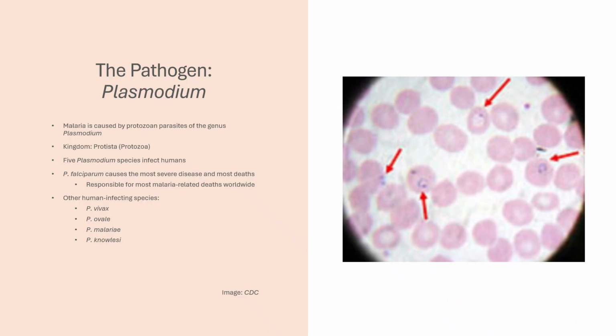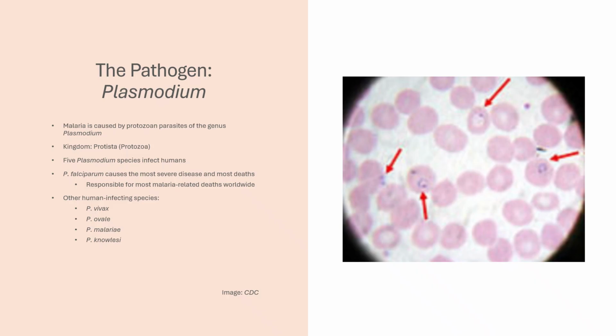Next up, I'm going to talk about the pathogen. The pathogen is Plasmodium. The parasites are classified in the kingdom Protista. There's 5 Plasmodium species that are known to infect humans. Plasmodium falciparum is the most dangerous.